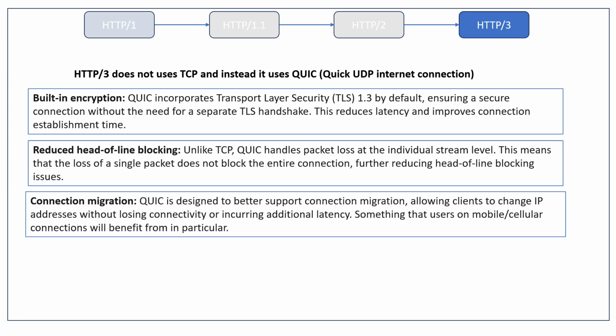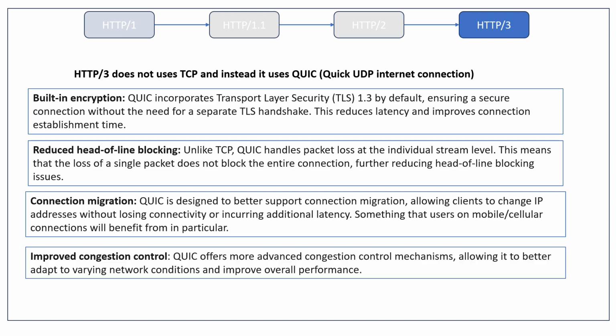Then we also have the concept called connection migration. Clients can easily migrate their connections without any latency. They can change IP addresses or connections on the fly without any issues.